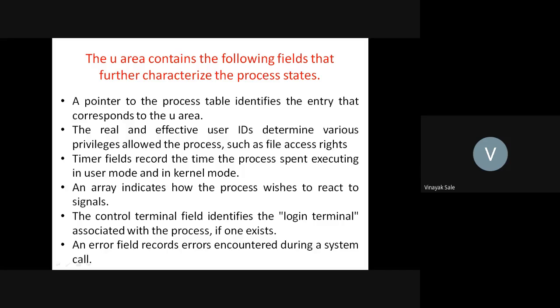A pointer to the process table entry identifies the entry that corresponds to the user area. The real and effective user IDs determine various privileges allowed the process, such as file access rights.